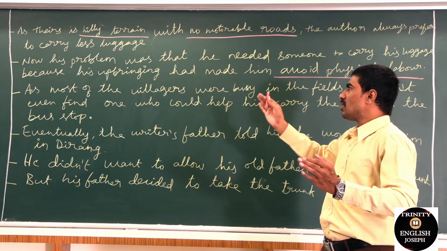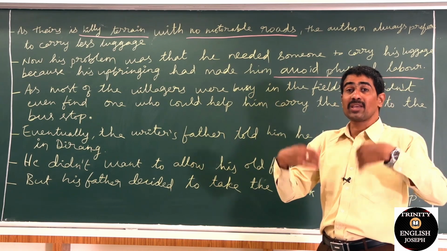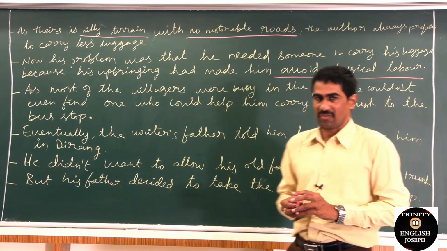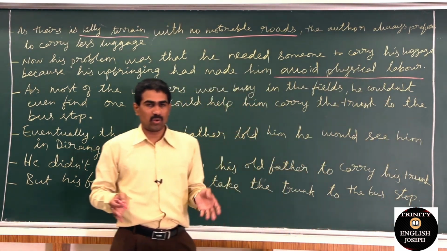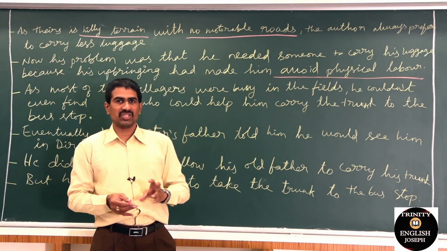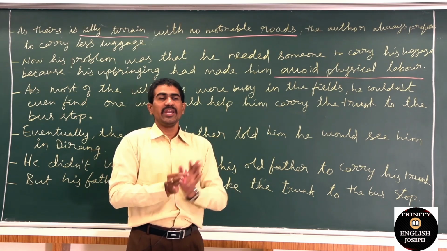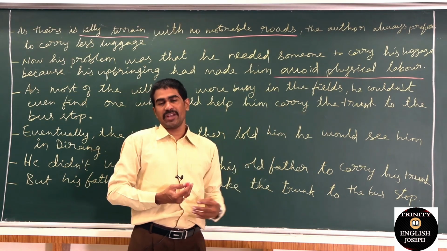So it was problematic for him to get people, because generally at this time the farmers are very busy cultivating and they can't disturb their busy schedule. So at this particular moment he did not get anyone to see him off at Dirang.